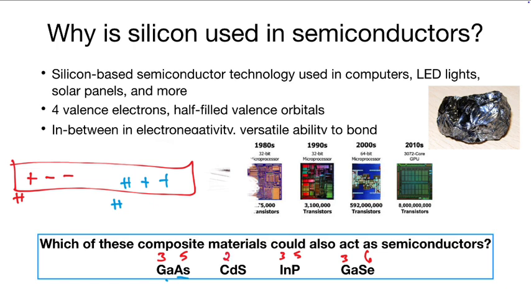Where's sulfur? 6. If we were to propagate this one out, there's our cadmium in red. What's going on with our sulfur? With 6, I've got 2, 4, yep, 6. Well, this doesn't work, except what can we potentially do?